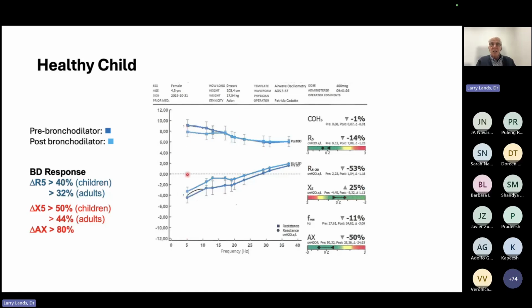You can see that the X5 is low, and the resonant frequency is relatively low, and the area under the reactance curve is small. And there was very little change with bronchodilation, if you look at either the X5, the resonant frequency, or the area under the reactance curve.